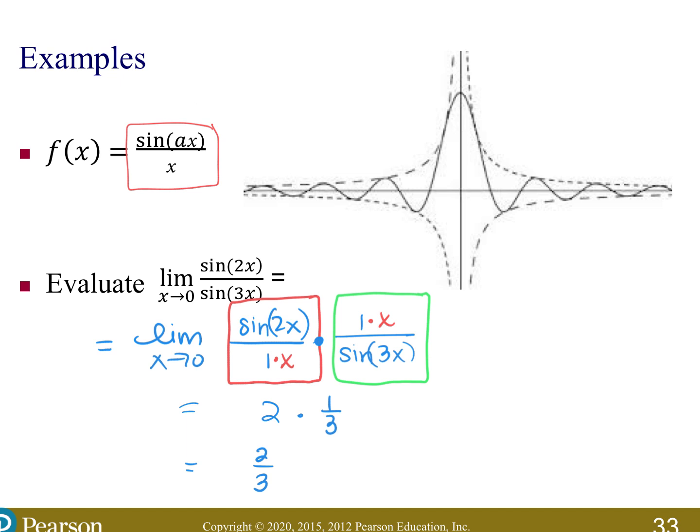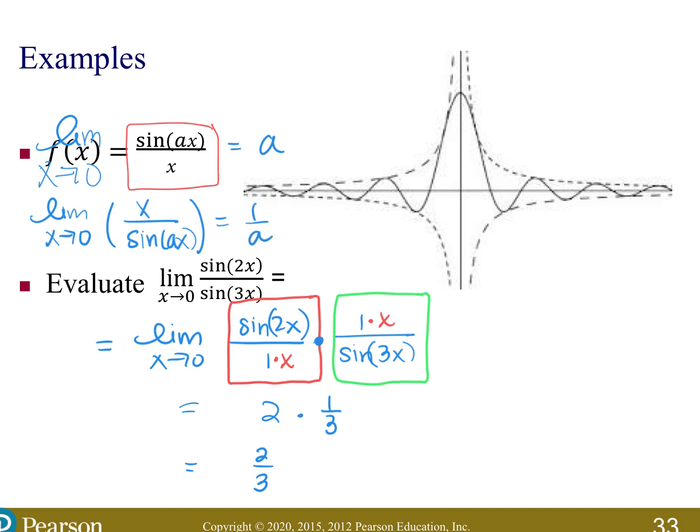We'll add a second one here. You're okay if I put that the limit here is equal to a? Yeah. Then we could add underneath it that the property is if it's x over sine of a, if it's upside down, then the limit is 1 over a instead.